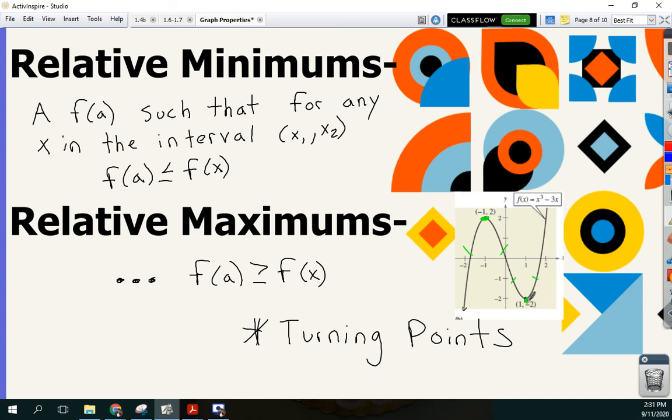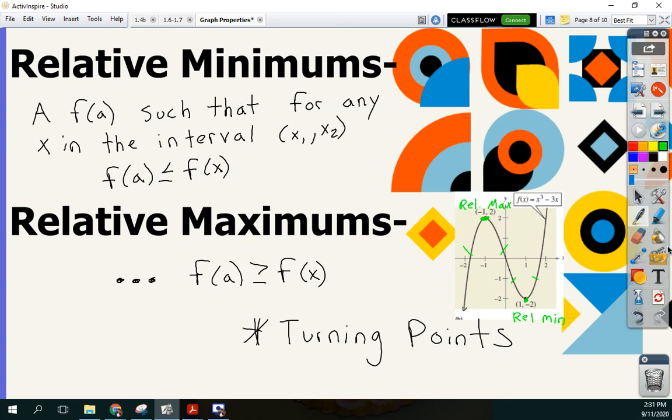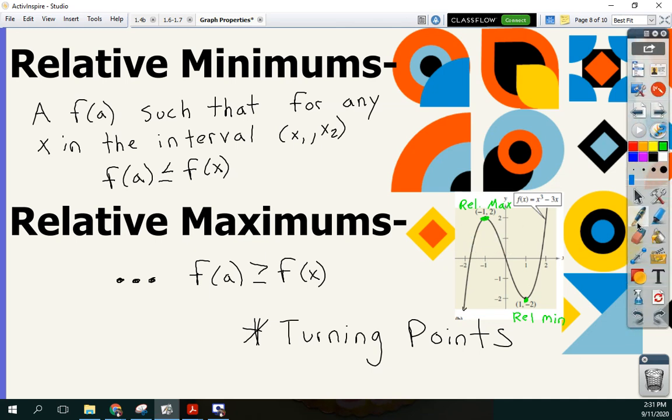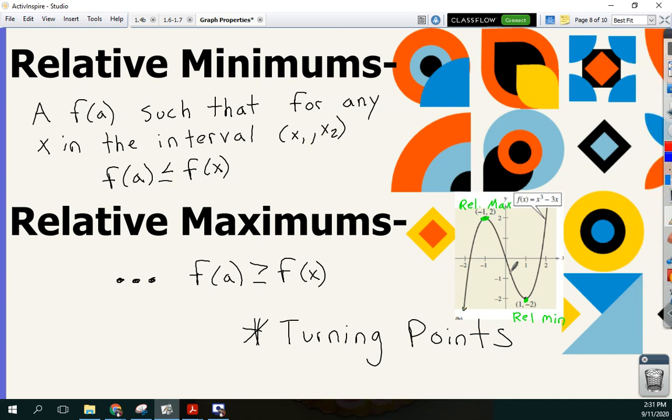It's not the smallest point overall because this part goes down forever. However, it is a relative max, meaning relative to that part of the graph, and a relative minimum, meaning the smallest point of that part of the graph. And so that's why we can also think about them as turning points, because notice that we turn from increasing to decreasing or decreasing to increasing.